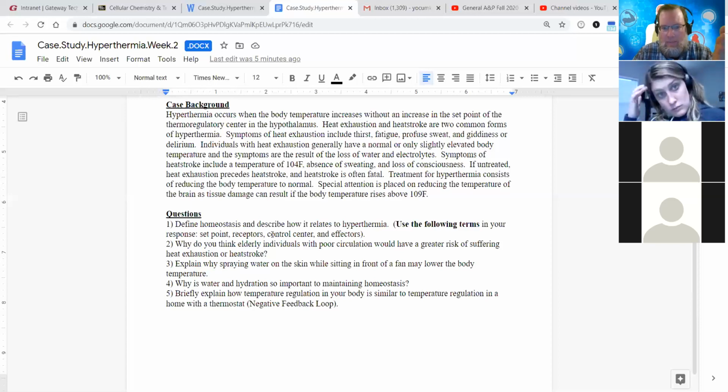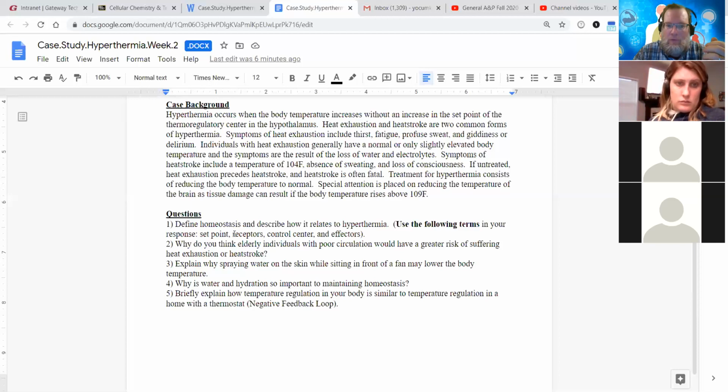So the receptors are thermoreceptors in the skin, or the cutaneous membrane. The control center, of course, is the brain, specifically for temperature regulation. We would think of the hypothalamus, and it says it right up here, the thermoregulatory center in the hypothalamus. That's the specific spot of the control center.